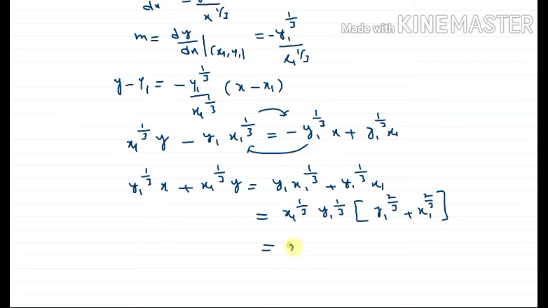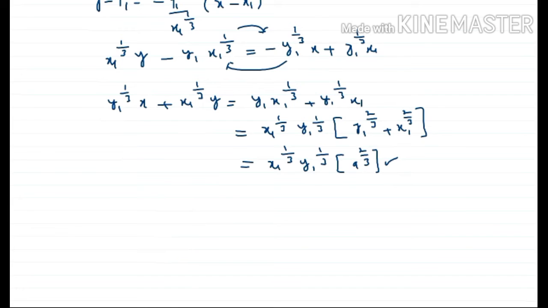Now this is x1 to the power of 1 by 3, y1 to the power of 1 by 3 into, using the concept of the first relation, this I will get a to the power of 2 by 3. Now divide both sides with this particular term. From that I will get y1 to the power of 1 by 3 x plus x1 to the power of 1 by 3 y.